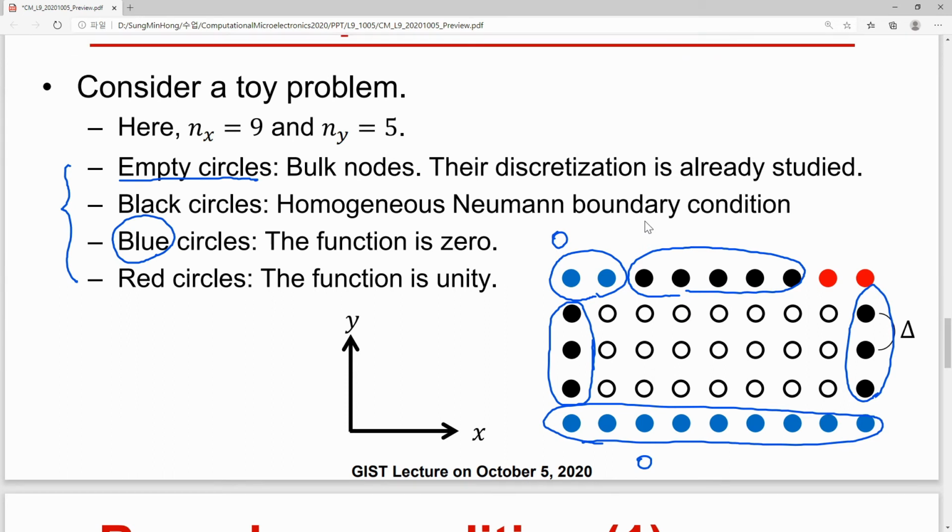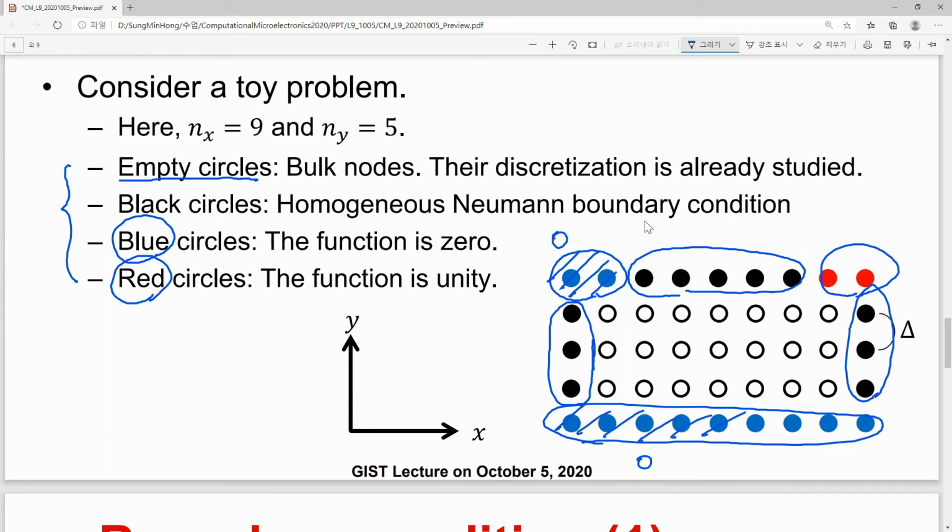And finally we have red circles. Here we have assigned values, but the difference is that for the blue ones we have applied the number 0, and here we have applied non-zero values, for example unity.